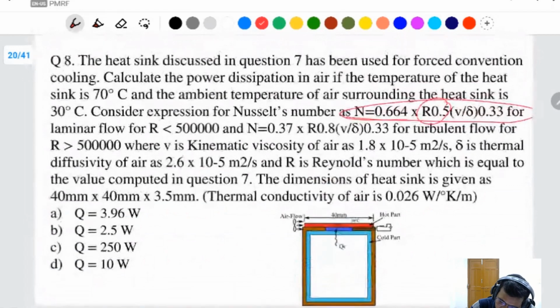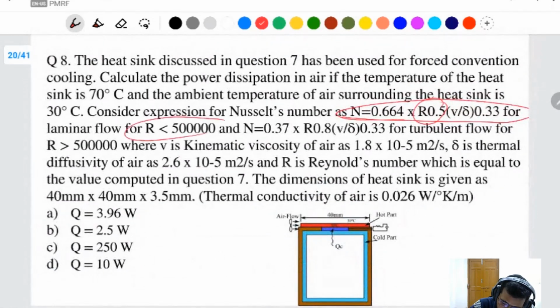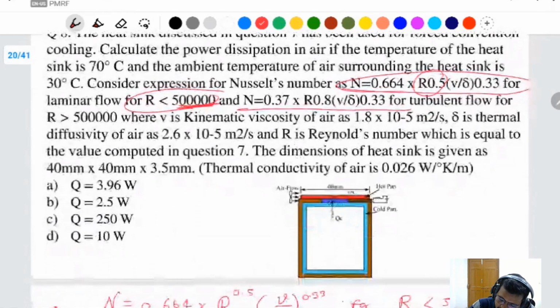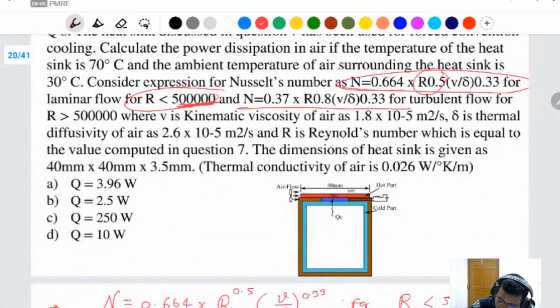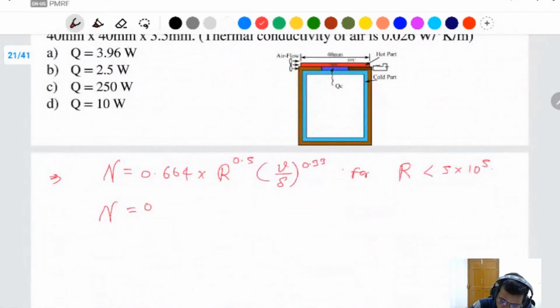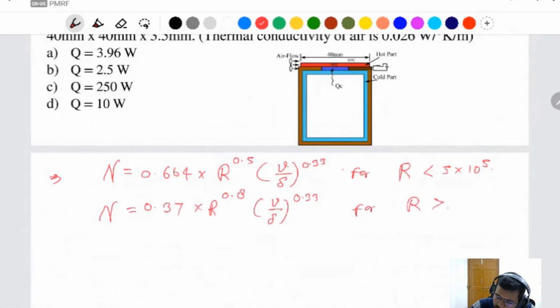The second one is given for greater than 5 into 10 to power 5: 0.37 into Reynolds number to power 0.8, to the power 0.33, for Reynolds number greater than 5 into 10 to power 5.